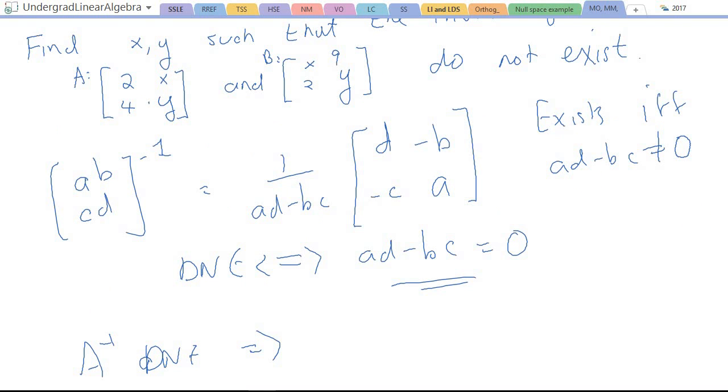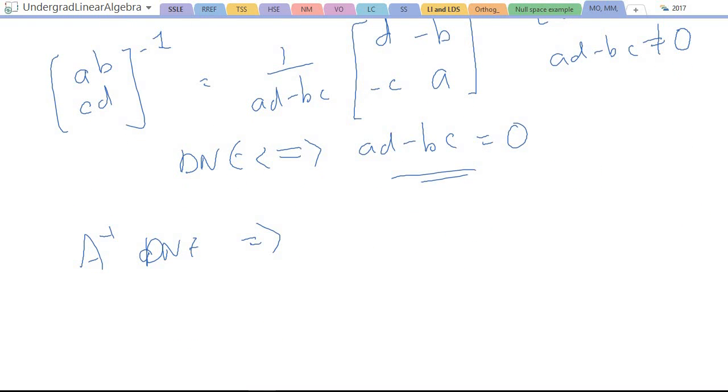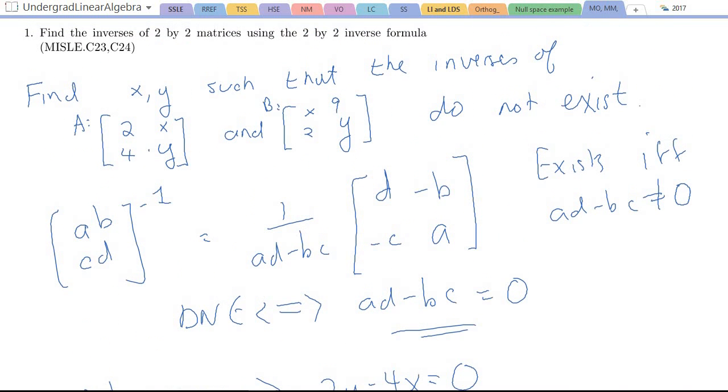So 2y minus 4x must be equal to 0. On the other hand, B inverse does not exist. That tells me that xy minus 18 is equal to 0.